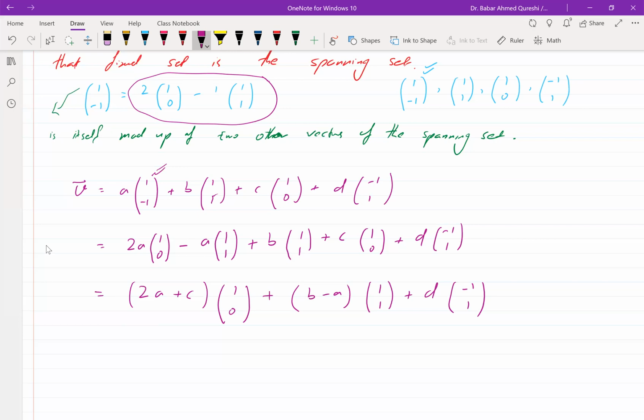So finally, I can as well make any vector in R2 in terms of these three. Since this guy is made up of these three, I don't need it if I want to construct my R2. Those three will do the job as well. So I can delete it and I will still have a spanning set because it's made up of other two.